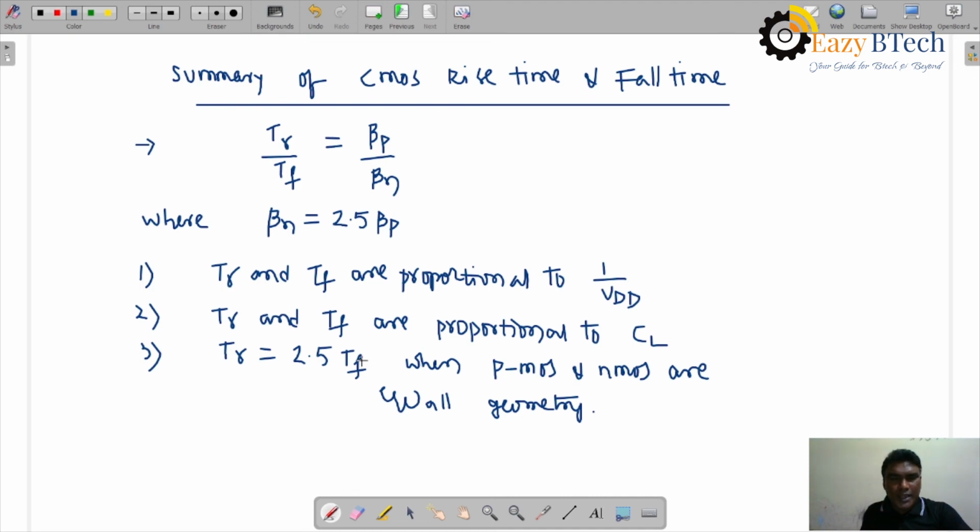The mobility of charge carriers is more in one and less in the other, so the time taken to turn on the transistor differs. So the rise time is 2.5 times the fall time.